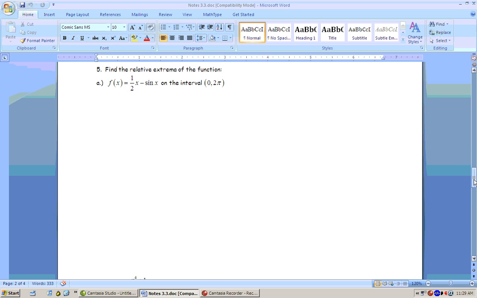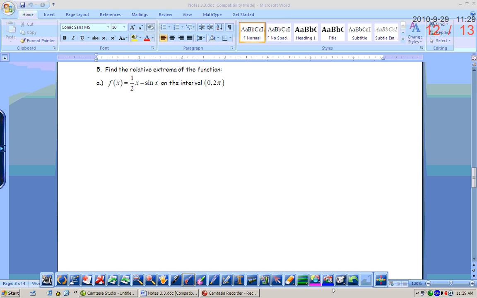Okay, find the relative extrema of this function on the interval 0 to 2 pi. The way that you find relative extrema is to find where the derivative is either changing from positive to negative or negative to positive. So even though it's not asking for where the function is increasing and decreasing, I really have to go ahead and find that.